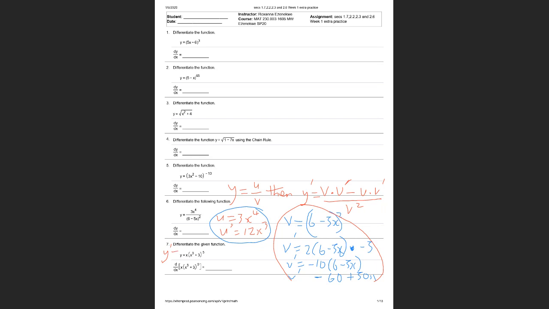So y prime is equal to, bring down v, and v is the same as 6 minus 5x squared, multiplied by the derivative of u, and that is 12x cubed, minus, I am going to write the denominator here so I don't forget, 6 minus 5x all to the power squared, which is 4.